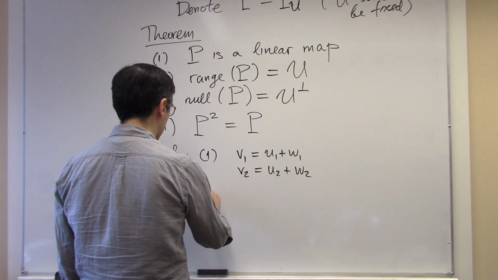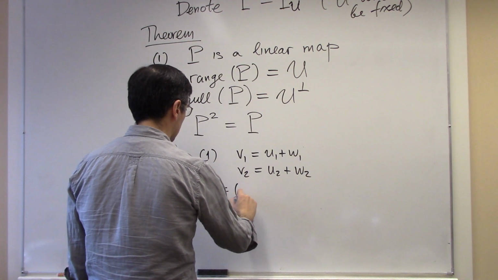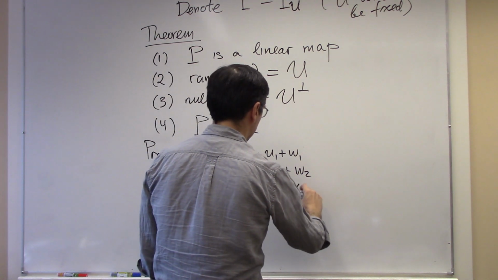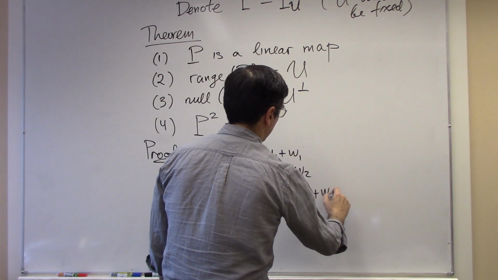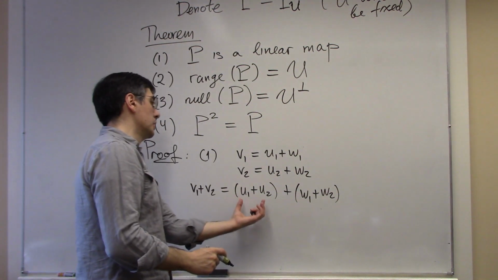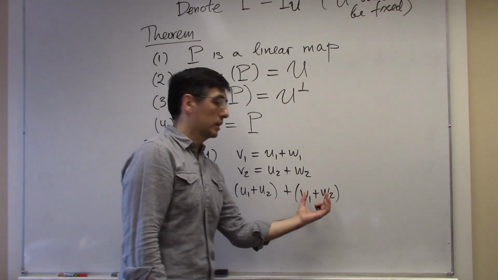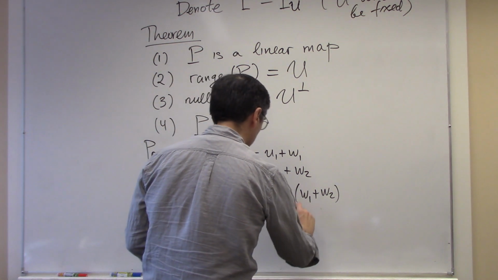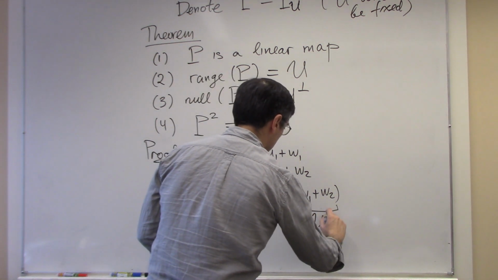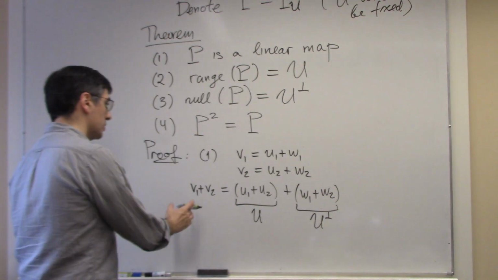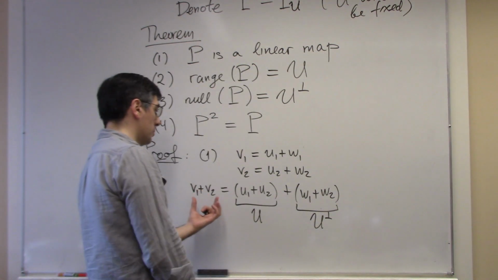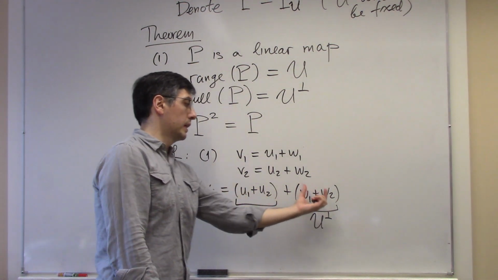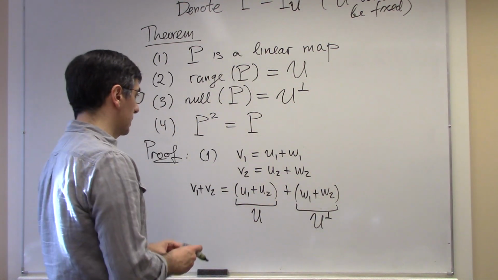Then v1 plus v2 is obviously equal to this. Because both U and the orthogonal complement are subspaces, this is in U, and this is in the orthogonal complement, so this is the decomposition of v1 plus v2 into a vector in U and a vector in the orthogonal complement.